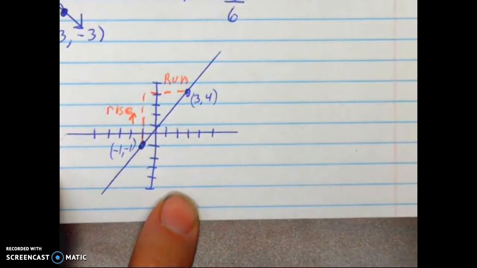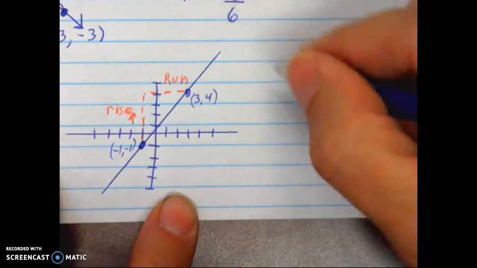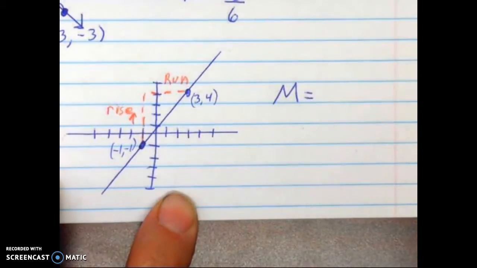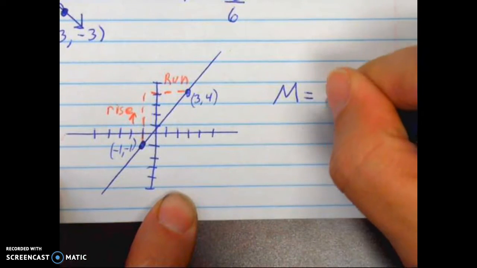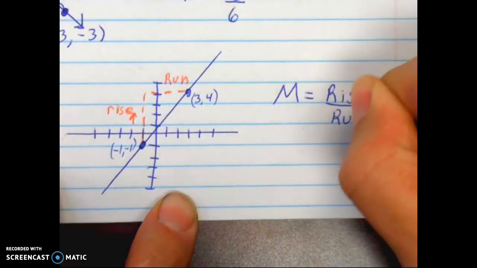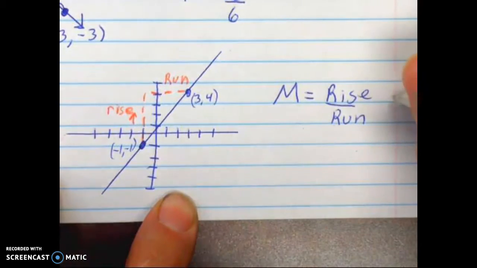All right, so as we said, we have to find the slope. So slope is the letter M. That's our representation. And remember, it's always the rise over run. So rise over the run, which is basically up and down over side to side. I know I keep repeating myself, but it's very important.